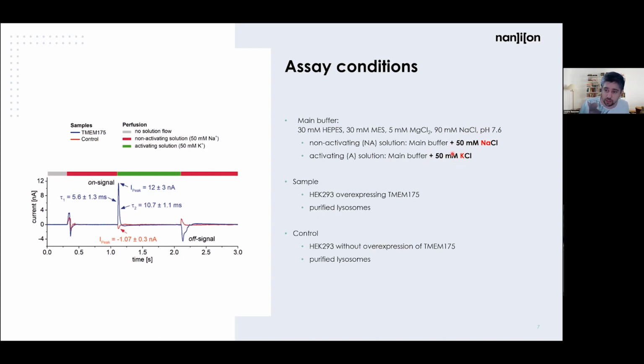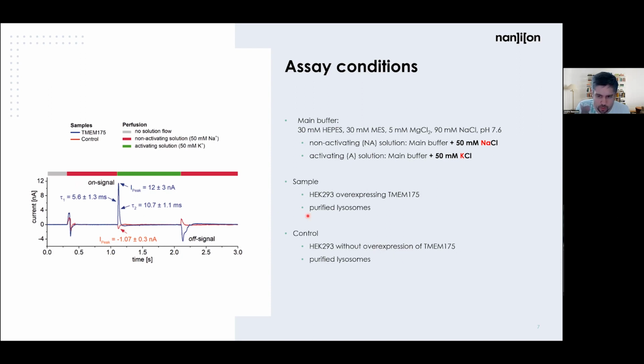So we essentially see potassium flux in this trace, and potassium is provided here at 1.1 seconds. You see about 12 nanoamps potassium flux signal, while you see -1 nanoamp in the controls.